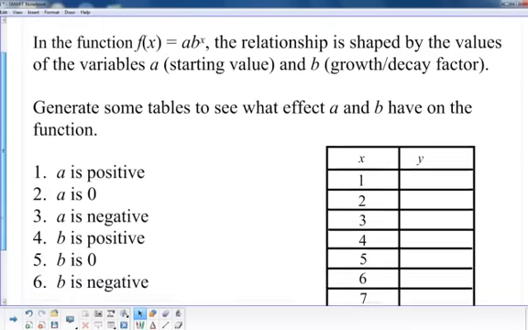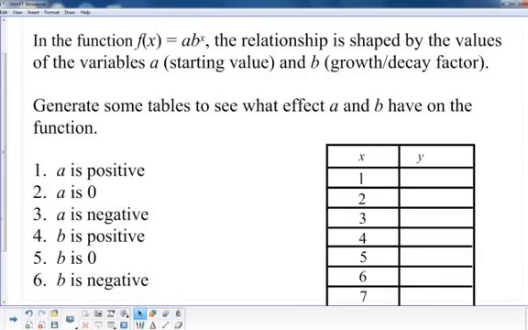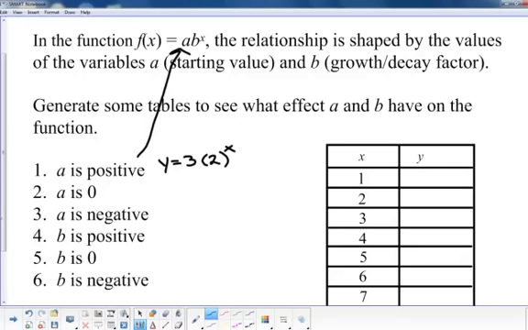Okay, so basically we could generate some tables on the graphing calculator. I'm going to actually have you do a little bit of this tomorrow in class. But if the starting amount is positive, so like if you have y equals 3 times 2 to the x, if you look at a graph of that, or at the table, it's going to start at 3.